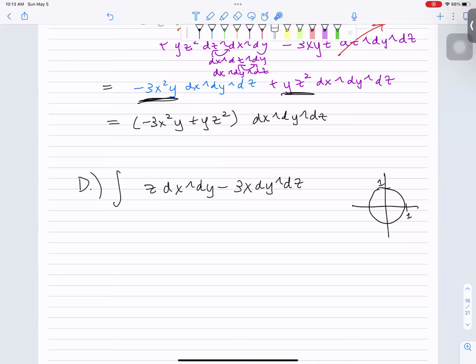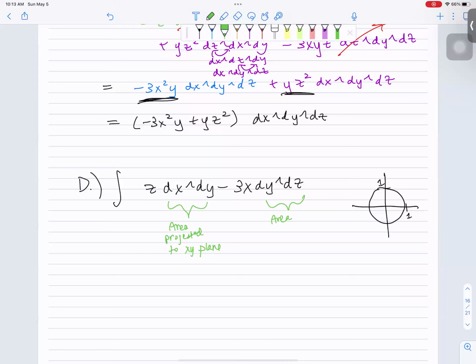So one way to do it is that I could keep everything in the forms language. So I'm going to keep all these wedges here. What do these wedges mean? dx dy, that's like the area projected to the xy plane. What is dy wedge dz?